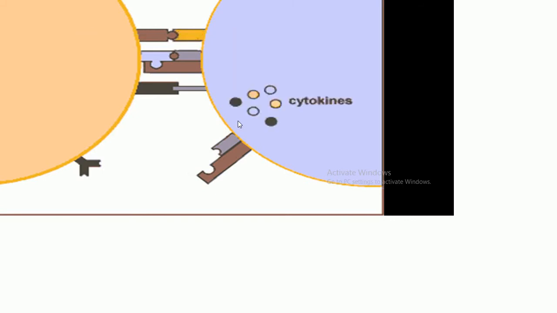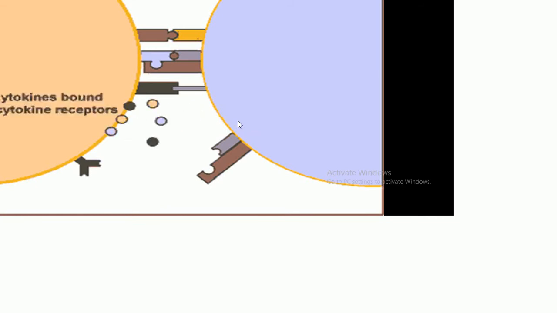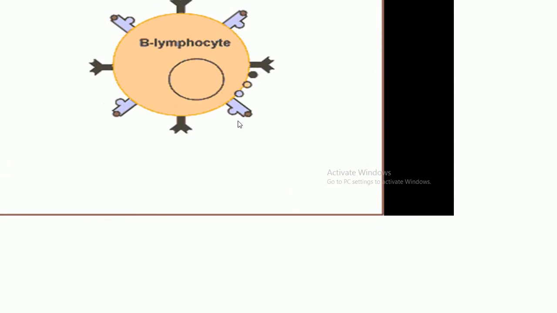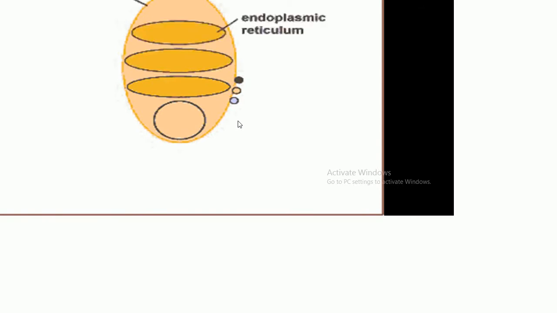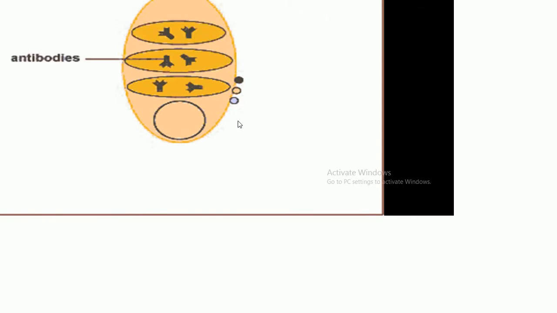This is the CD40 to CD40 ligand, and this leads to secretion of cytokines that bind to the receptors, leading to activation of the lymphocyte to large number, and then differentiation into the plasma cell that secretes the antibodies.